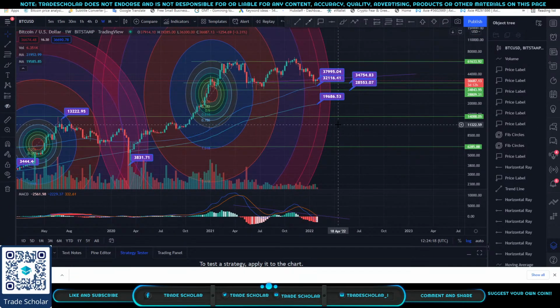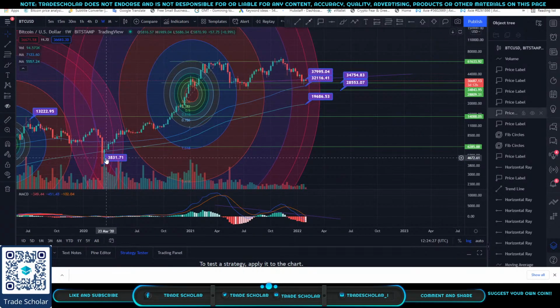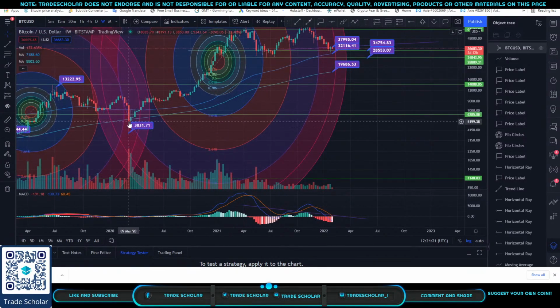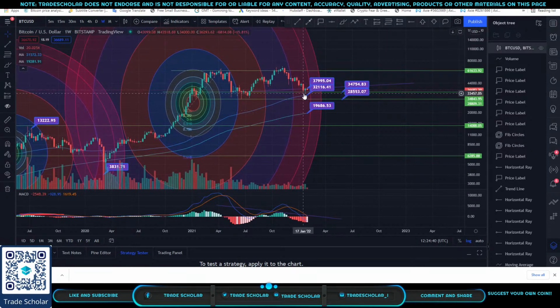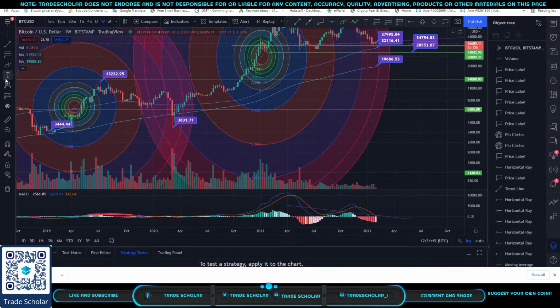So base here, if we touch this 32,116, then most probably, we already crossed the violet, but we didn't have a massive move to the downside. And as you can see, after crossing it, after going down, it started going up and then crossed the pink circle. So right now we are entering the pink circle line, and now it's going up. How much did it move to the upside?